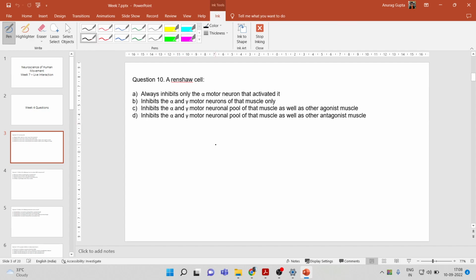Okay. A Renshaw cell is basically... let us just see what the scenario is. So we have a muscle here, and we have an alpha motor neuron that activates this muscle.